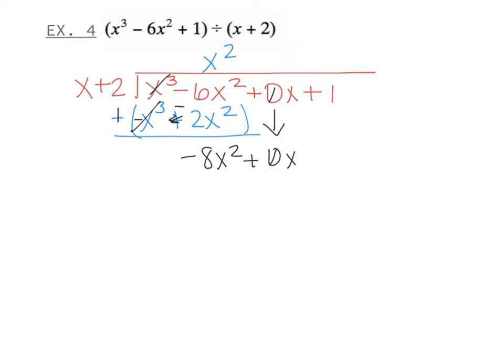So I have, let me change this. Negative 8x, so I'm going to be multiplying my negative 8x to my x plus 2, so I have negative 8x squared. Negative 8x times 2 is negative 16x, parentheses minus.